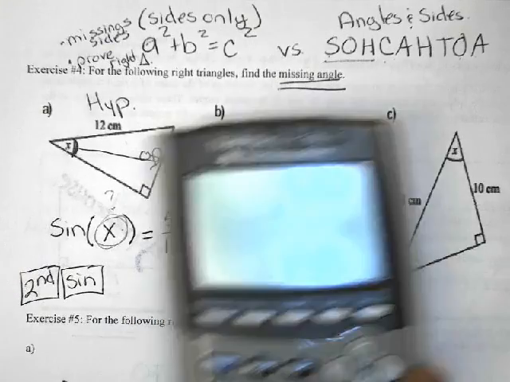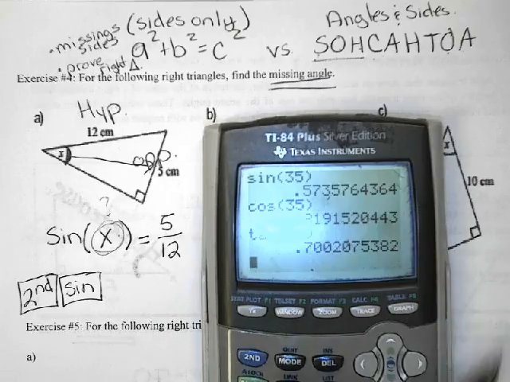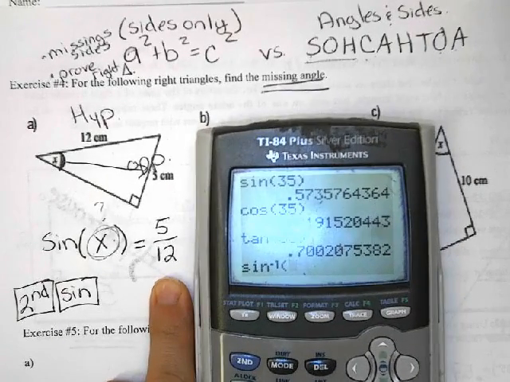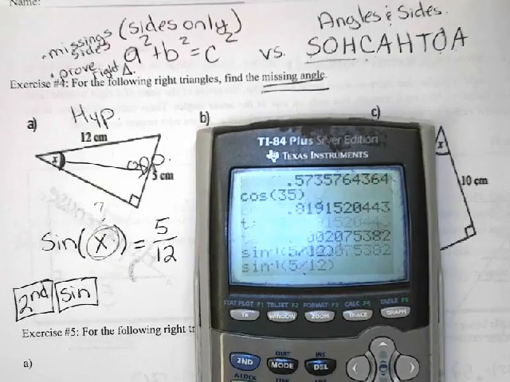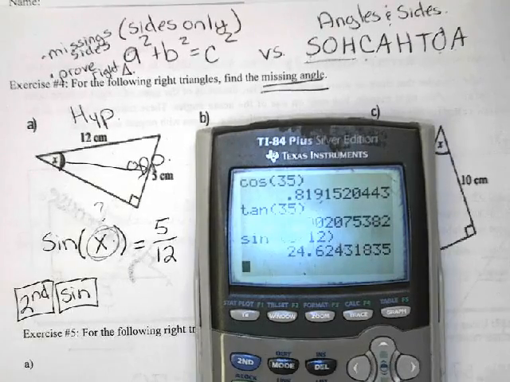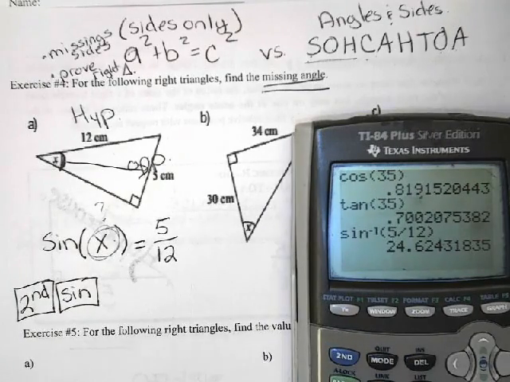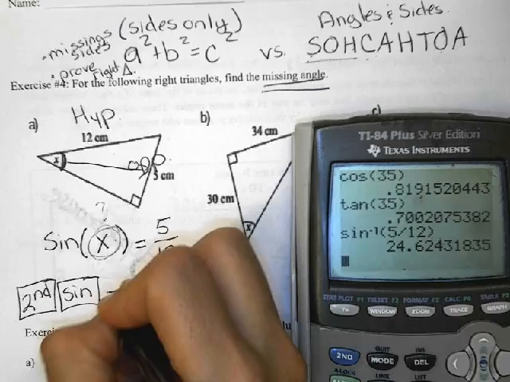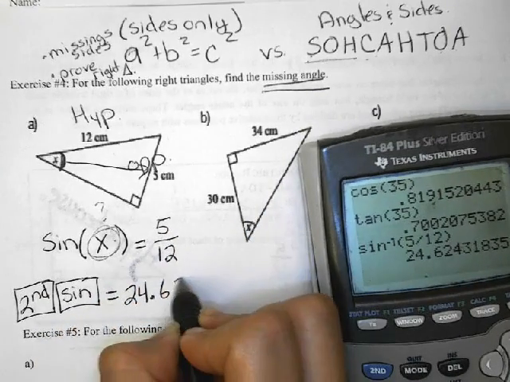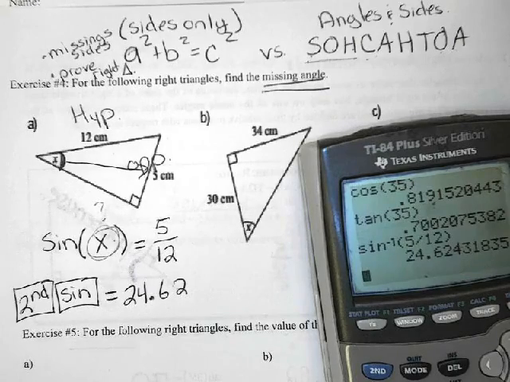So do second sine, and then just type in that fraction, 5 divided by 12. Close it. Hit enter. Just like the front, we round it to the nearest hundredth. So all I did was second sine, and then I typed in the fraction. That equals 24.62. It's done. I don't have to do anything else.